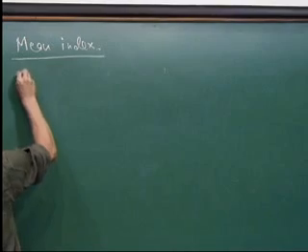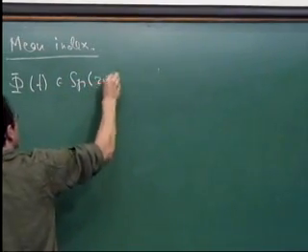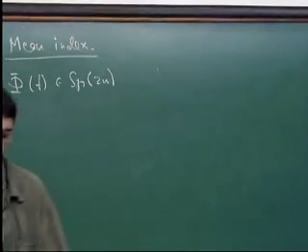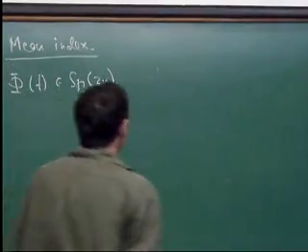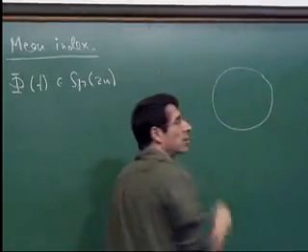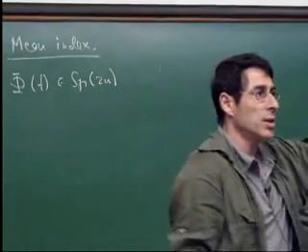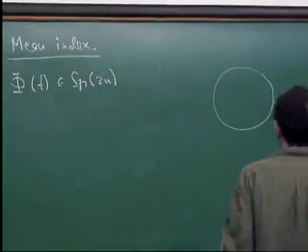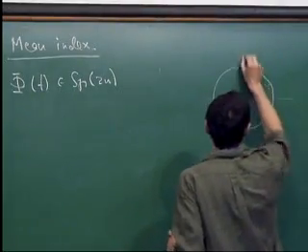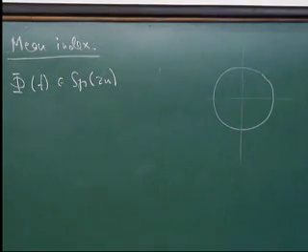Well, let's start with a path in the group of symplectic transformations. I look at its eigenvalues, and among those, I look at the eigenvalues on the unit circle. Those come in pairs, and there is a canonical way, using the symplectic structure, to pick one in every pair.